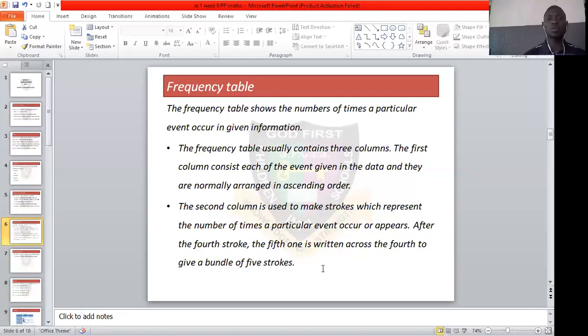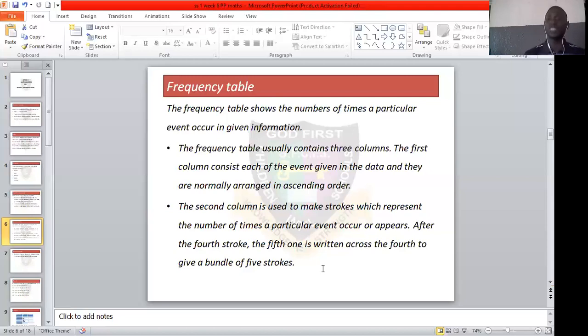The second column is used to make strokes. We call it the tally column. I believe you are familiar with what we call tally. Here you start counting the number of times the variable occurs. Let's say 5. You strike 1, 2, 3, 4, and every fifth stroke is crossed across the 4 strokes to form a bundle.